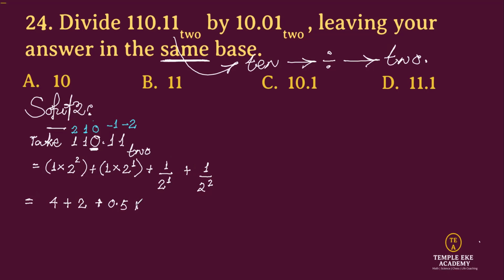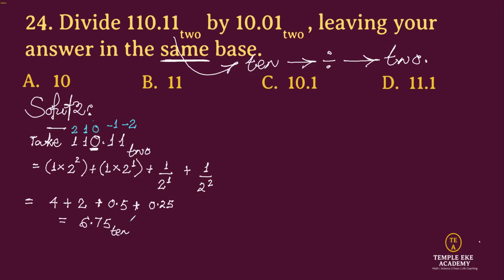And of course, 2 squared is 4. 1 over 4 is 0.25. On adding this, we have 4 plus 2 is 6, plus this, 6.75. And this number is in base 10.